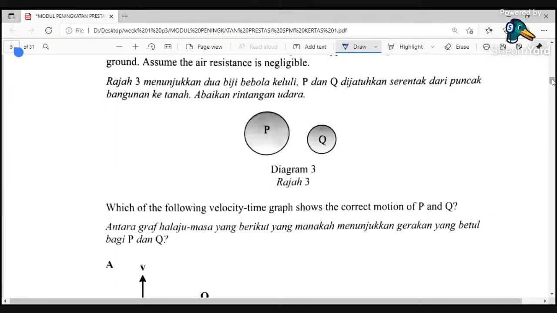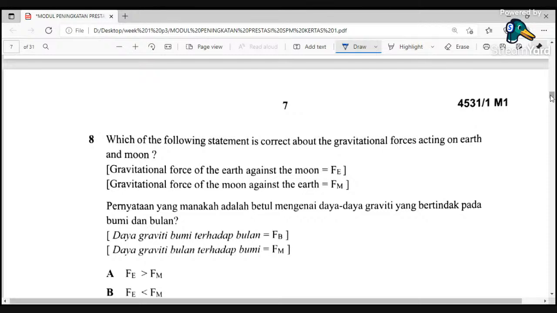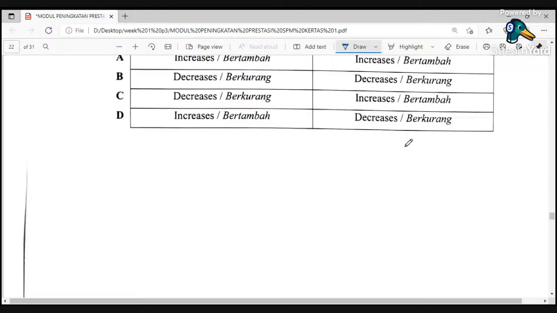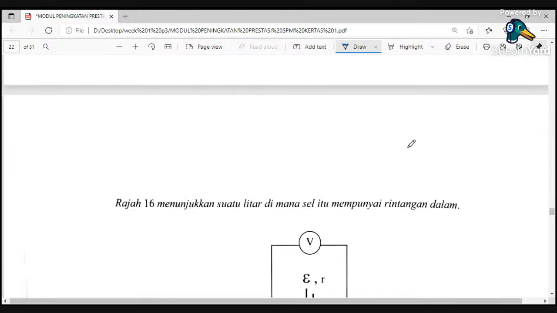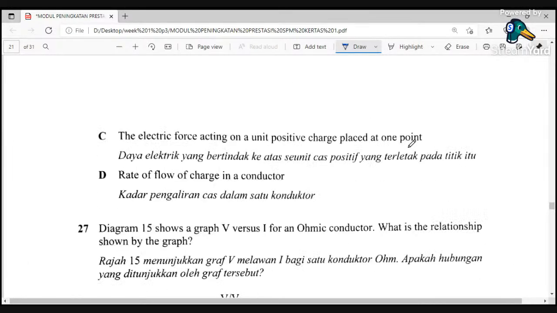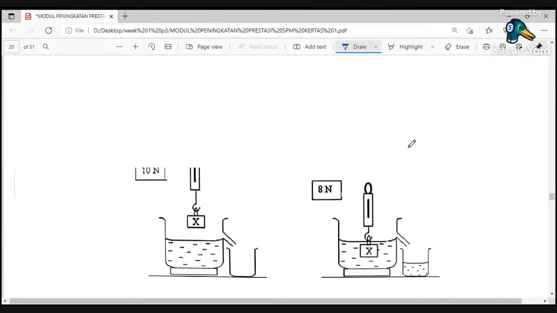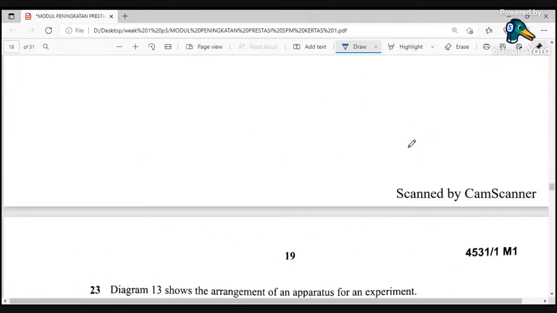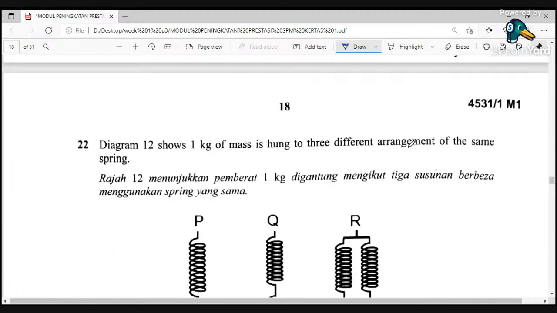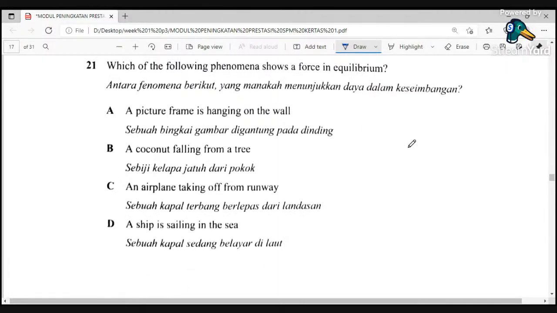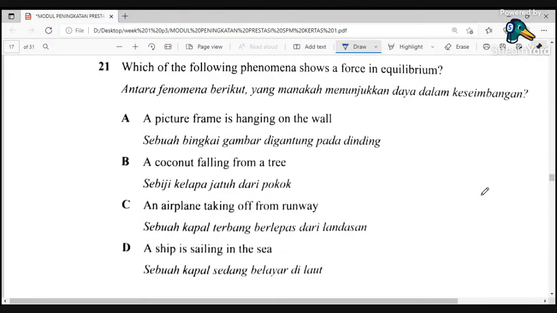Now let's go to number 21. Which of the following phenomena shows a force in equilibrium?